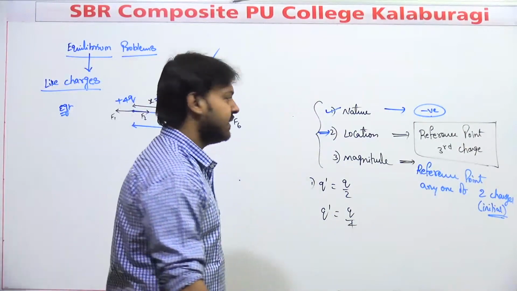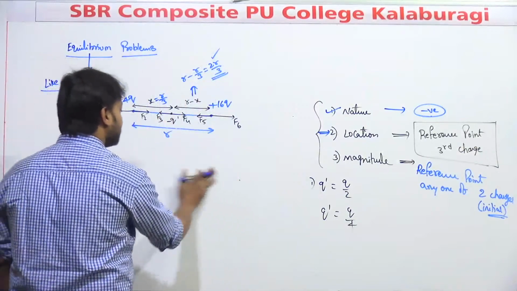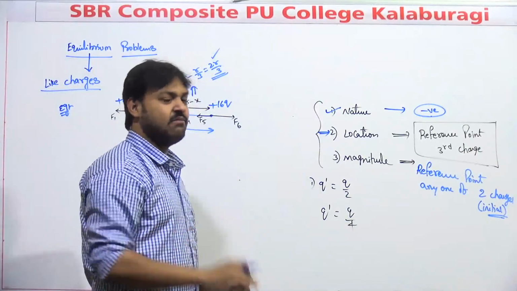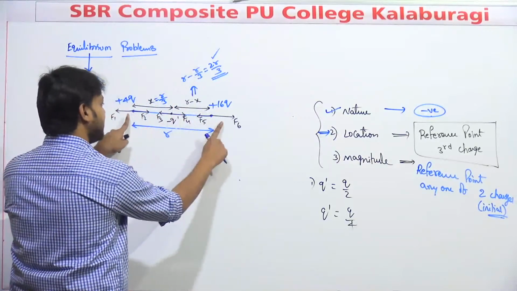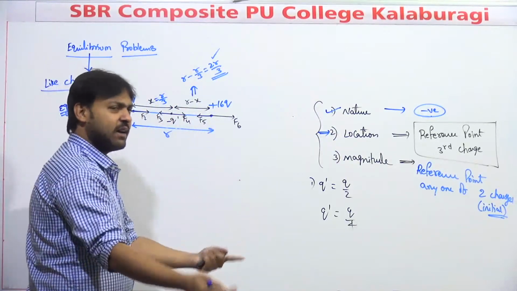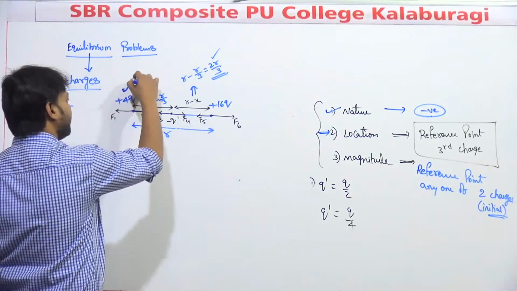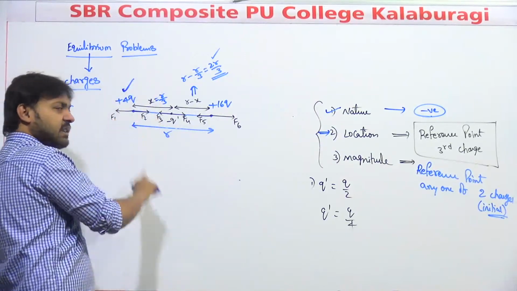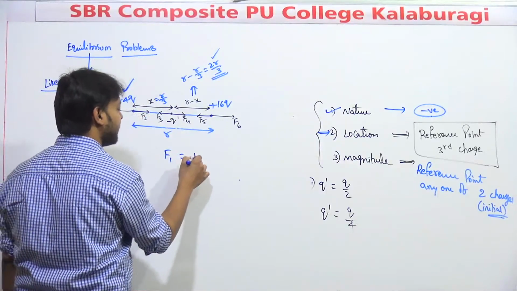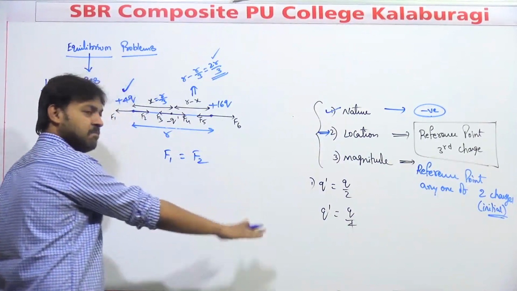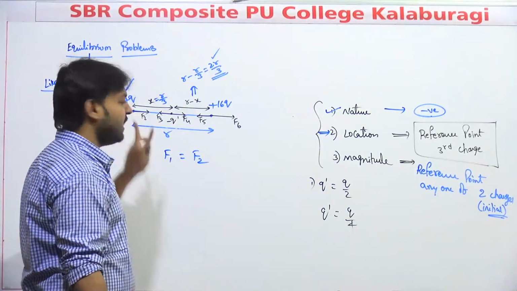Those charges. Clear? Yesterday's basics, if they are clear, then today you can understand. So, leaving the third charge, you can take any one of these two. I am considering 4q. How many forces are there on 4q? Again 2. So, can I equate those two? F1 equals F2. Simple.